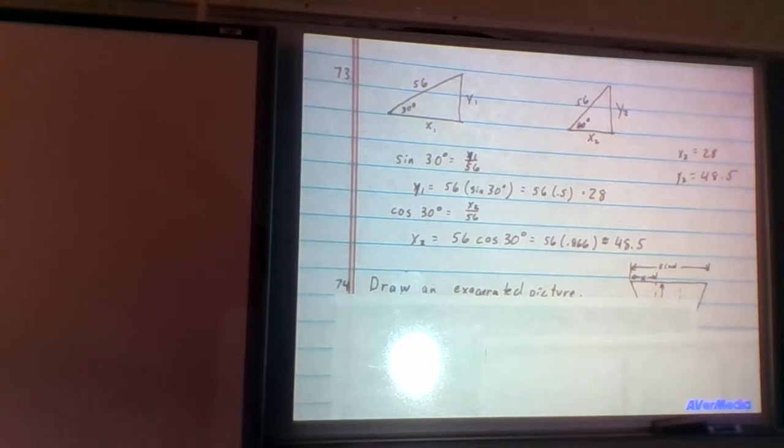However, yes? How did you get the triangles just from the points, like x1, y1, and x2, y2? Okay, let's look at the picture again.